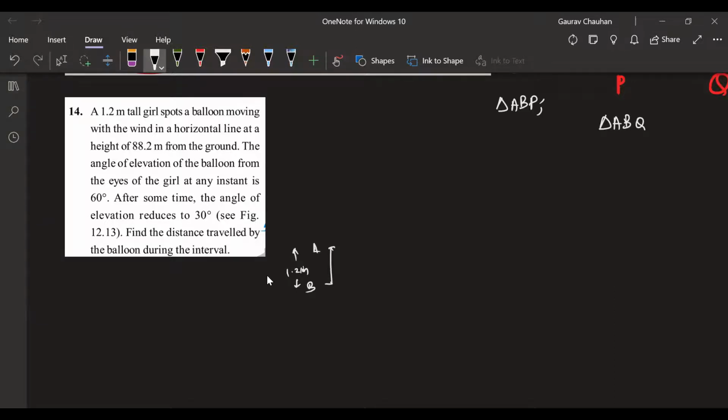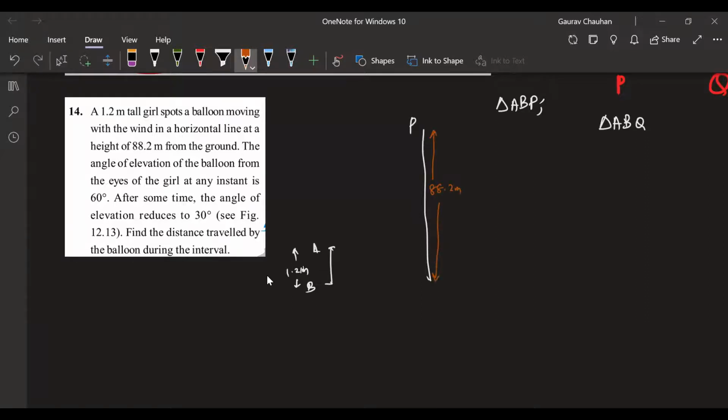Spots a balloon moving in the wind. So the balloon is at a height of 88.2 meter. That's quite high, and nonetheless, we'll just do an approximate diagram. Let the balloon be here at P. The height is 88.2 meter. This whole thing is 88.2 meter.